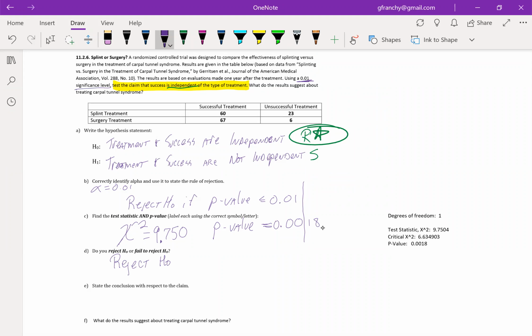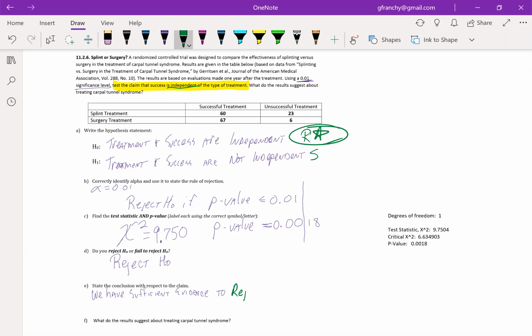And when we reject the null hypothesis, that means that we have sufficient evidence to, we started the R.